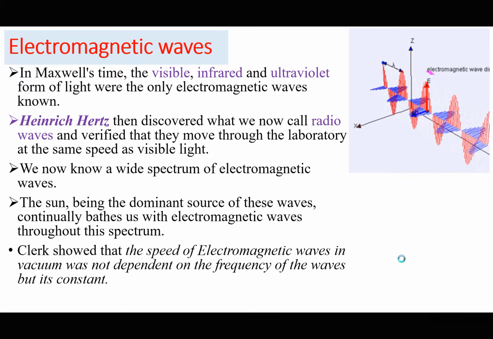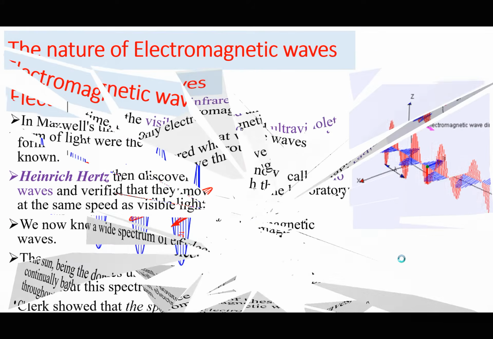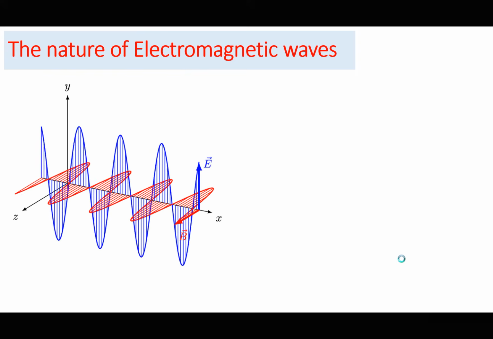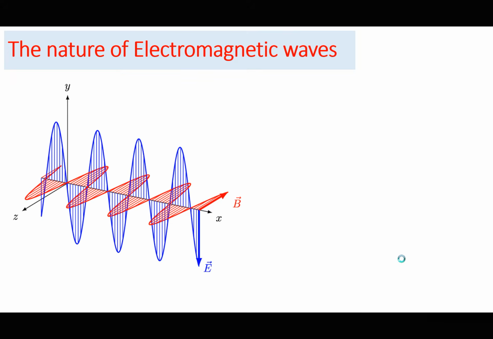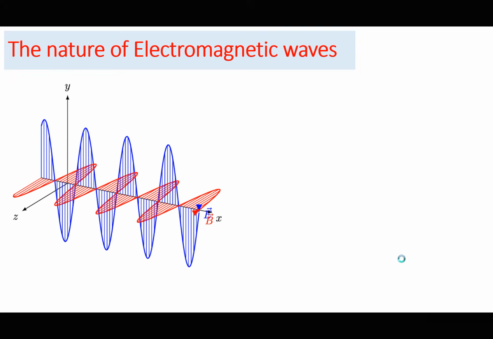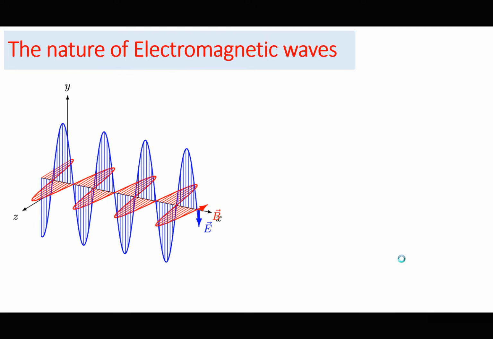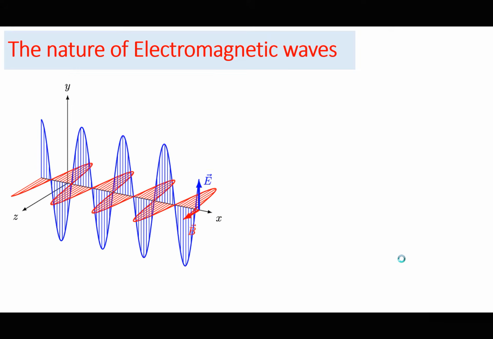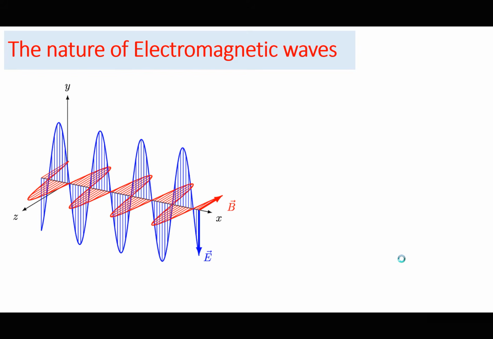So what is the nature of electromagnetic waves? When we talk about electromagnetic waves, we are talking about electric and magnetic fields interacting. They interact at right angles to each other, and they travel perpendicular to the direction of propagation of the wave.